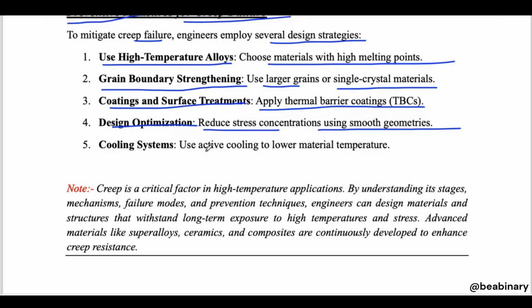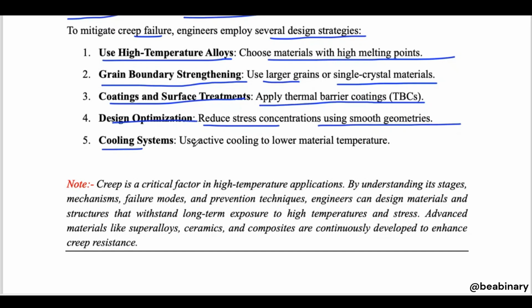Now, cooling systems: use active cooling to lower the material temperatures. So what other methods could we use? We can use cooling to reduce the temperature of the part that is exposed to high temperature, if it is possible.